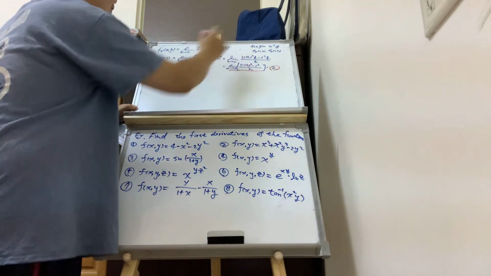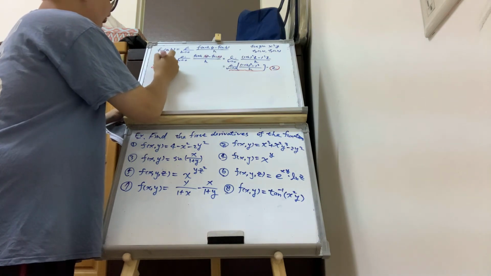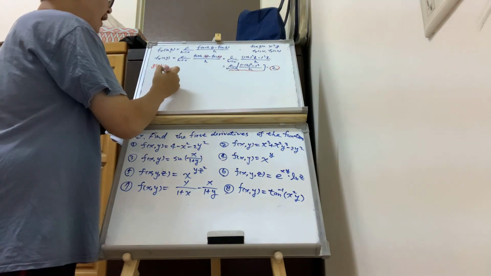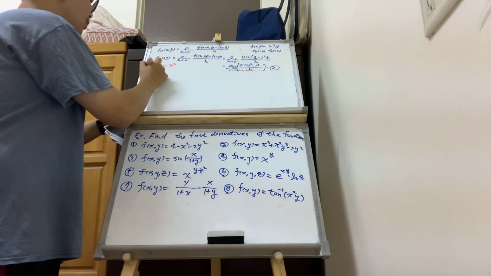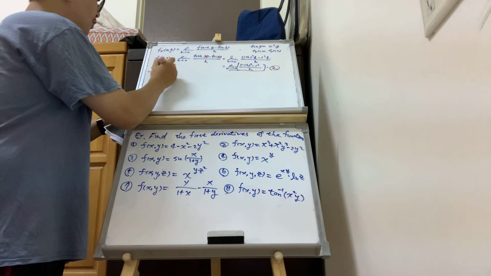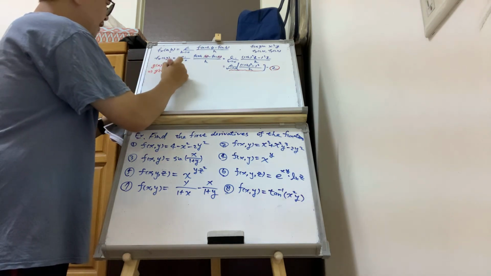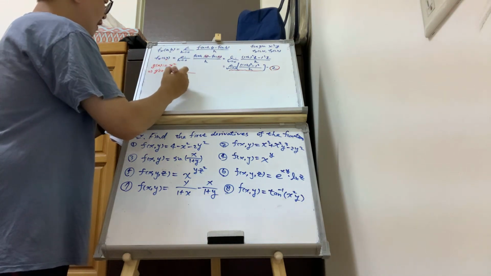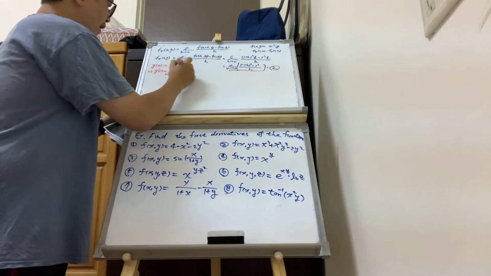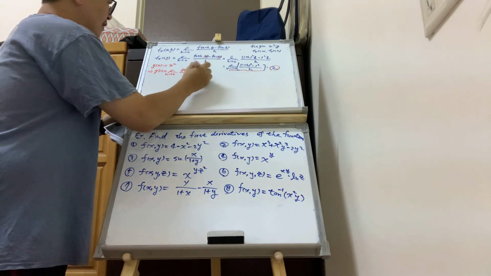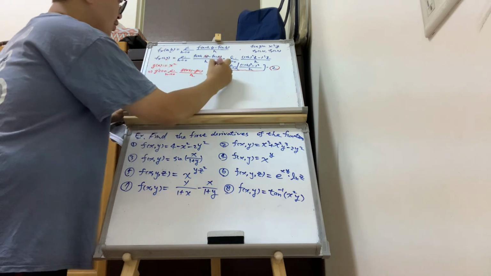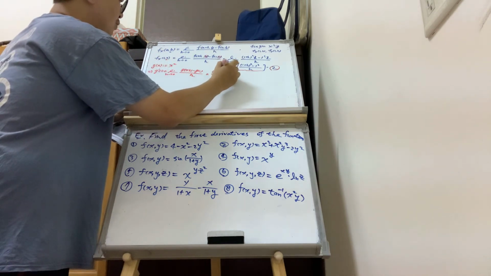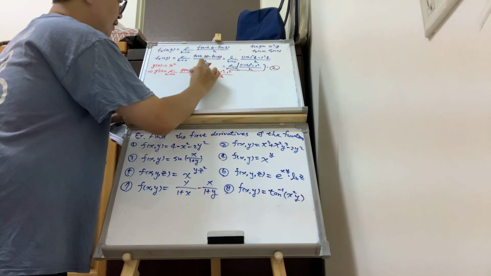It's exactly if we define a function g by g of x equals x squared. Then what is g prime of 1? G prime of 1 is exactly the limit as h approaches 0 of g of 1 plus h subtract g of 1, divided by h. That is (1 plus h) squared minus 1 squared, divided by h, and its limit.